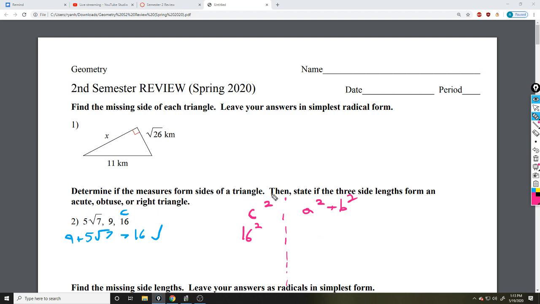And then we'll make this a and b. We have 5 square root of 7 squared plus 9 squared. 16 squared is 256. 9 squared is 81.